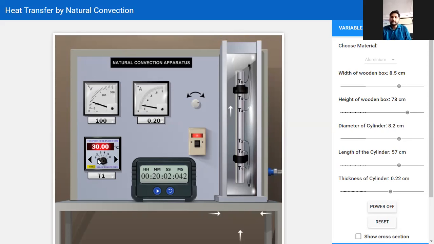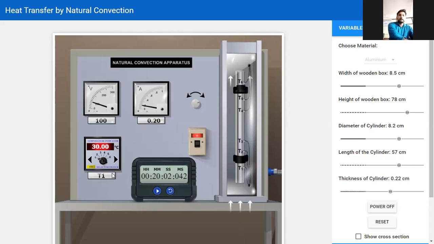Now we have to take the readings for the voltage, current, and the temperatures. First of all, note down the voltage, how much voltage we have provided. So 100 volt we have provided, and the current is 0.20. Write down 0.20 and 100 volt. Then measure the 6 thermocouple temperatures.